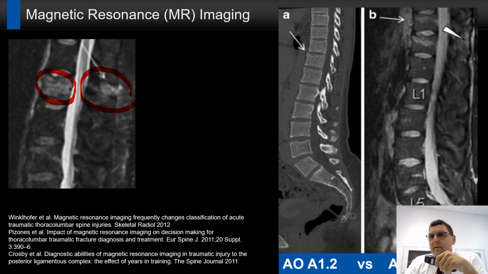As for example in this case, where after CT we only saw a A1.2 fracture, but afterwards this fracture was turned into a B1.2 fracture, which certainly needs stabilization surgery.